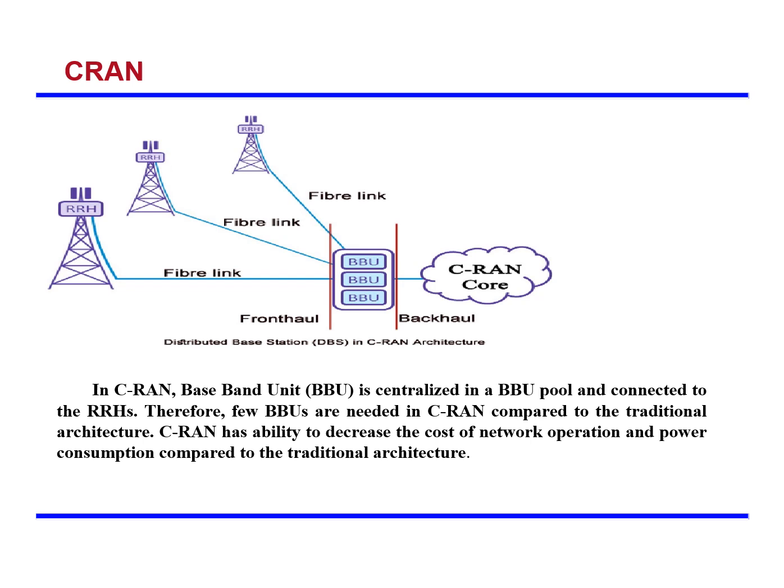In CRAN, the baseband unit is a centralized BBU pool and connected to the RRHs. Therefore, few BBUs are needed in CRAN compared to the traditional architecture. CRAN has the ability to decrease the cost of network operation and power consumption compared to the traditional architecture.